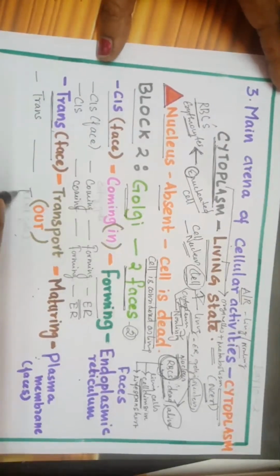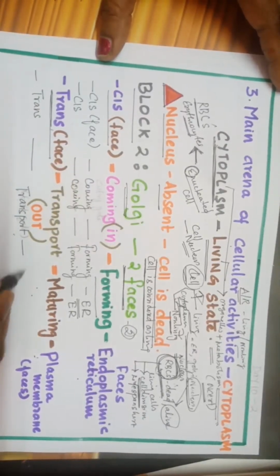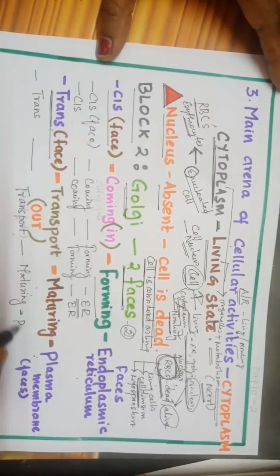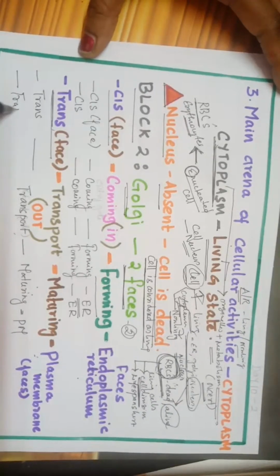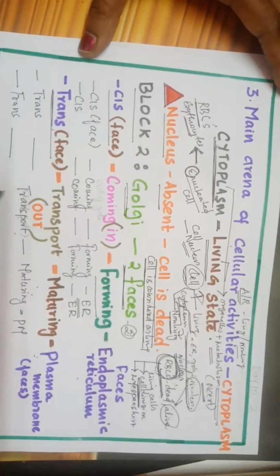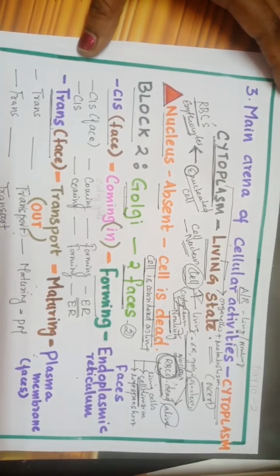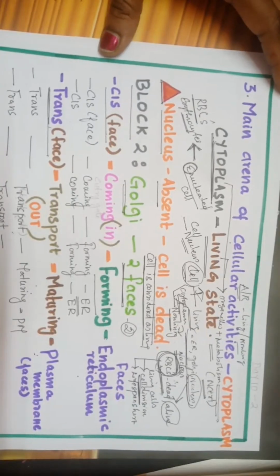Now you have the trans phase, which is the exit gate or the transport phase, also called the maturing phase. This is the plasma membrane. The trans phase of Golgi does the function of transport, that is, it transports the packaged and modified glycoproteins and glycolipids.